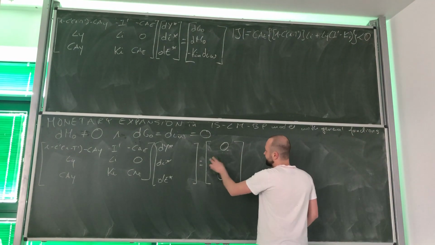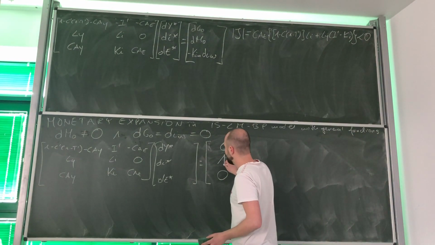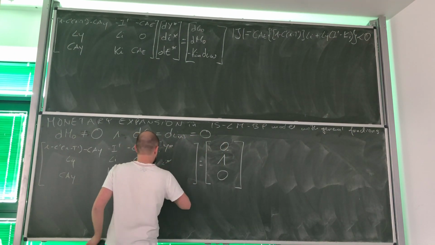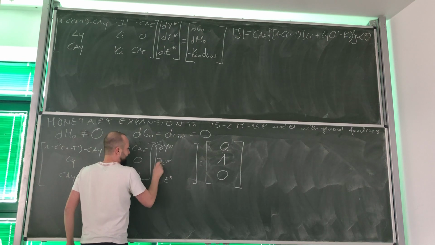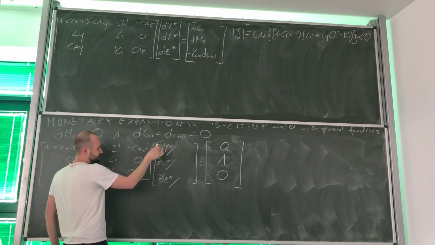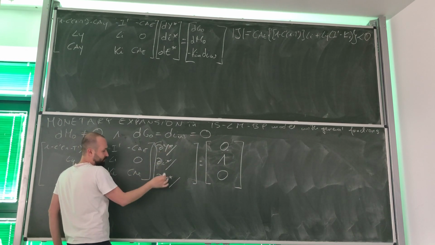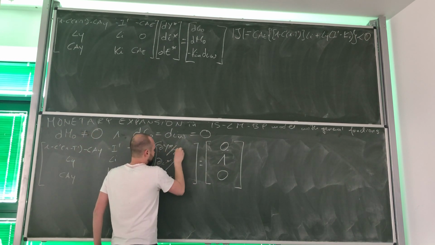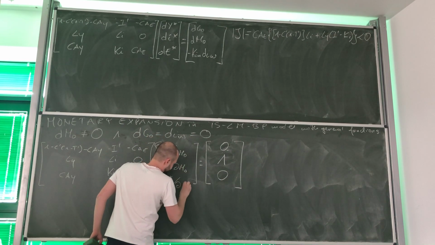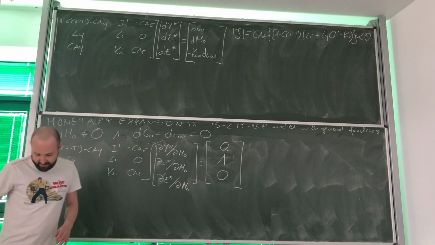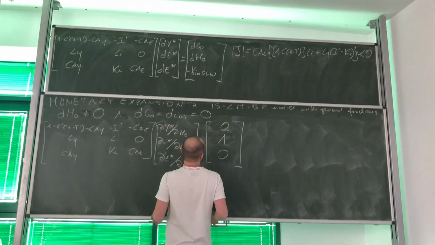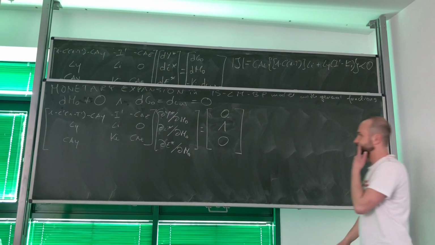As a result, here we have just 1, and here we are obtaining comparative static derivatives of equilibrium income, interest rate, and exchange rate with respect to money supply.